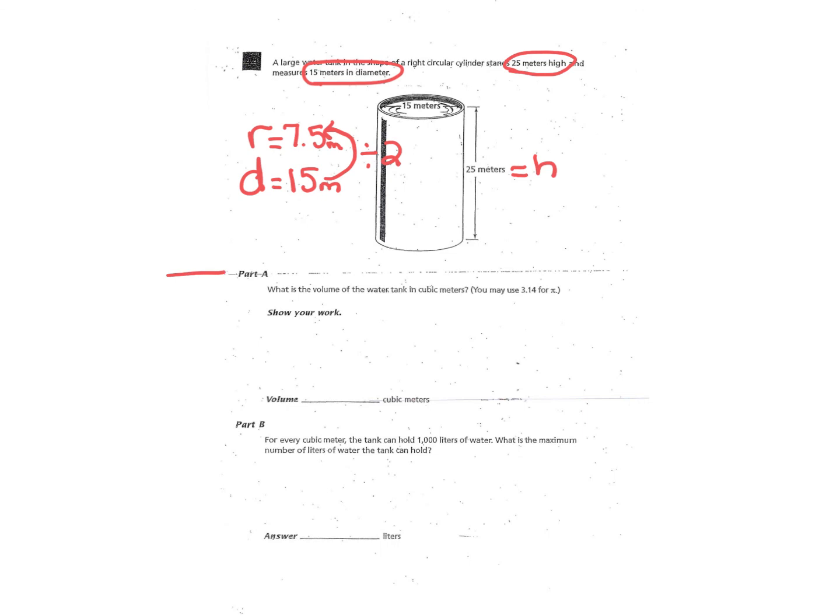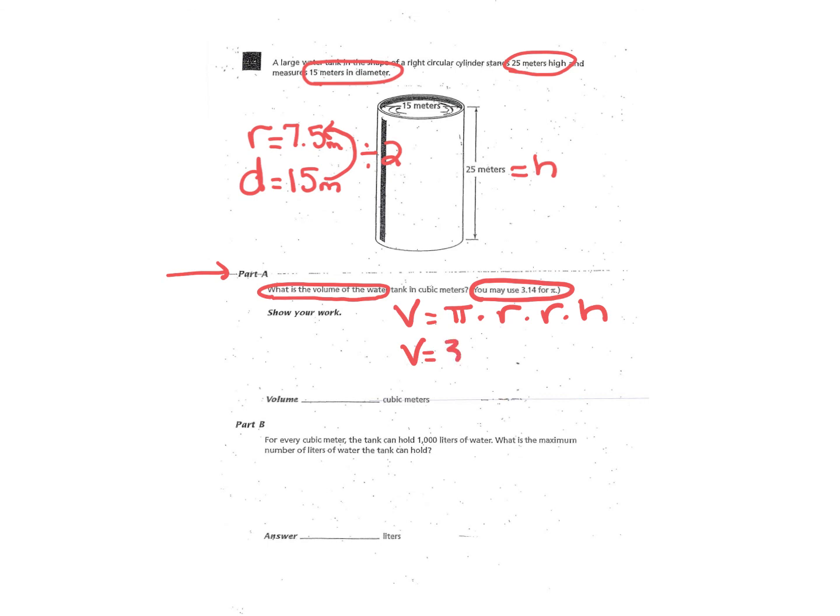Part A. What is the volume of the water in the tank? You may use 3.14 for pi. Well, we have a cylinder, so we're going to take V equals pi times r times r times h.